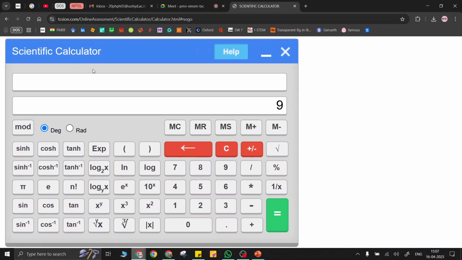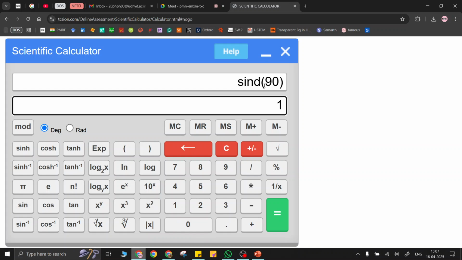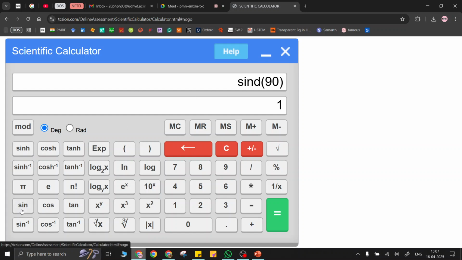If we have kept degree selected, then all the angle values that we input will be in degrees. So if I want sine of 90 degrees, I'll click 90 and then take sine. Don't get confused seeing this, this is sine only, and this means degree. So sine of 90 degrees is 1, which we know is correct.